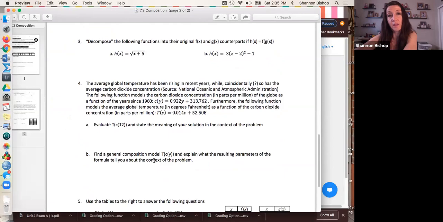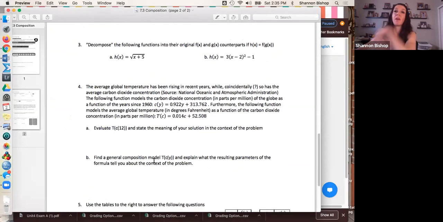Okay, so the next item up for bids is being able to look at a function and acknowledge its composed counterparts. If you look at this first one, first of all, the directions, let's just make sure you understand the directions. Decompose essentially means take apart.